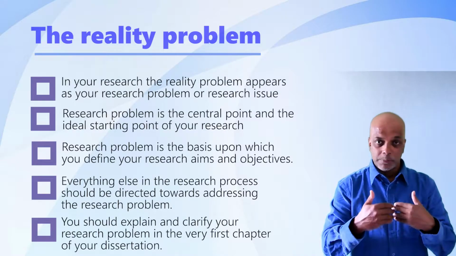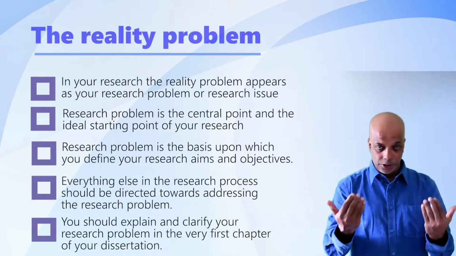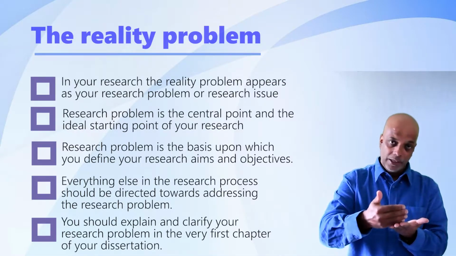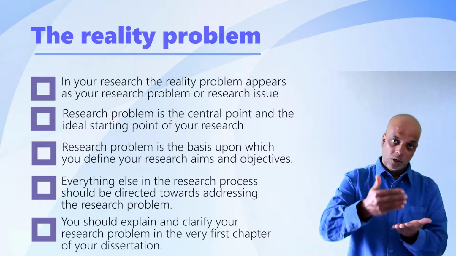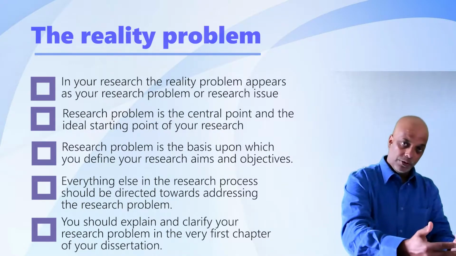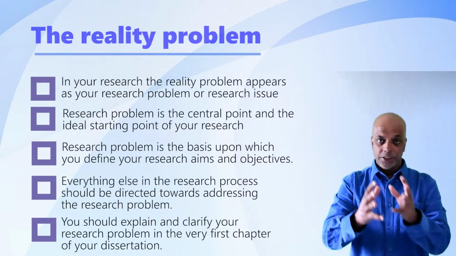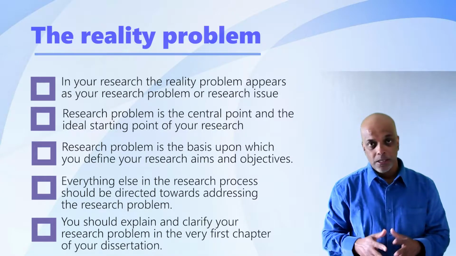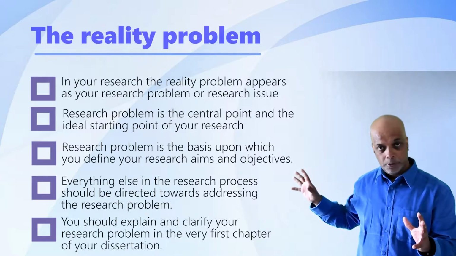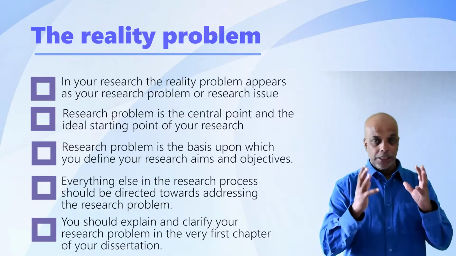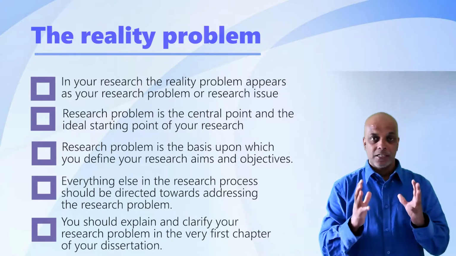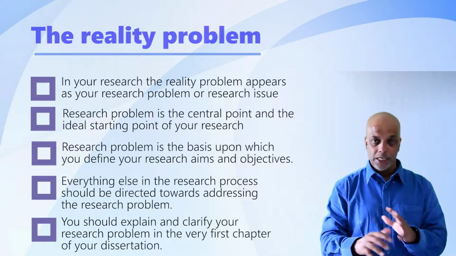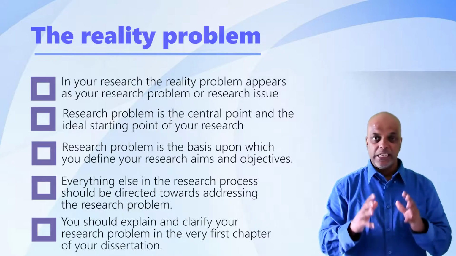And then you will spell out your research issue very clearly, and also you might clarify your specific research aims and objectives that you would derive from that research issue or research problem. So after all, the research problem or the reality situation is the ideal starting point of your research, and it provides the basis upon which everything else has to be decided.